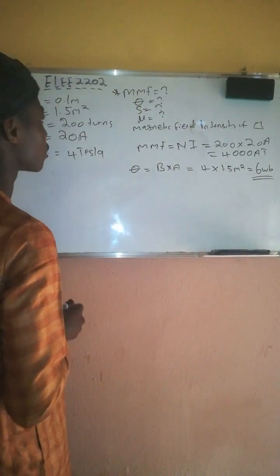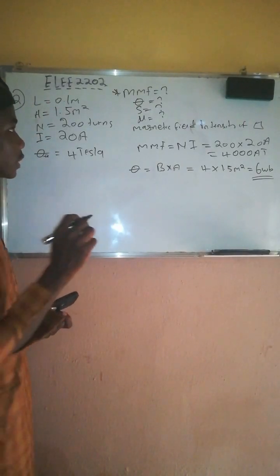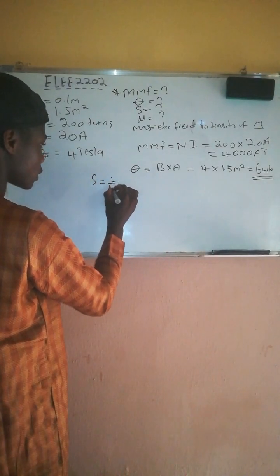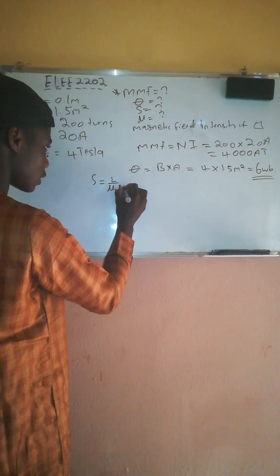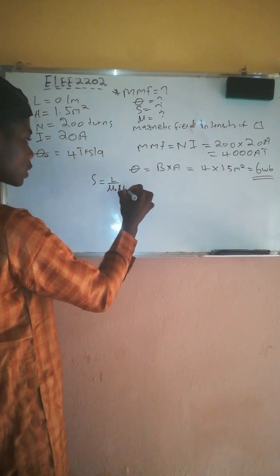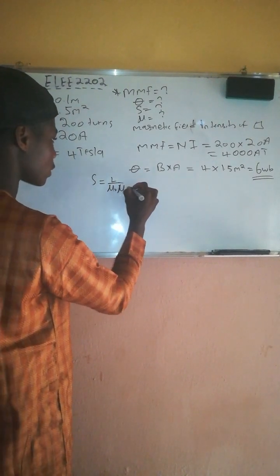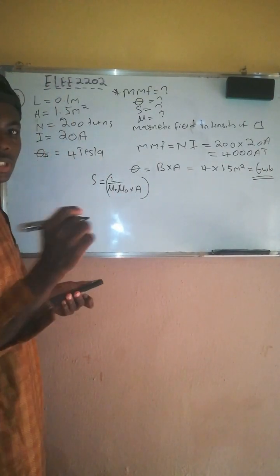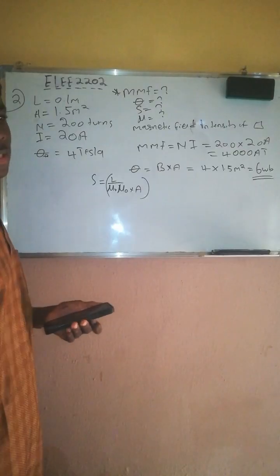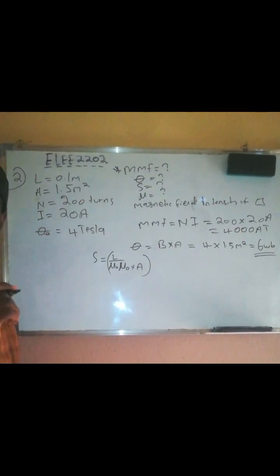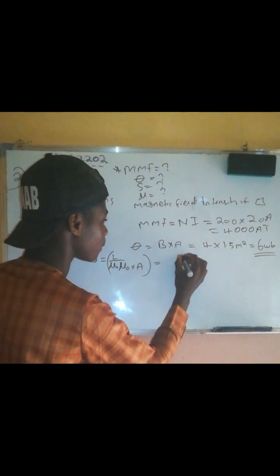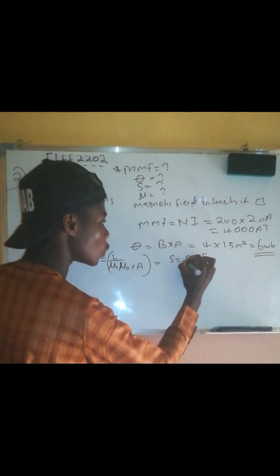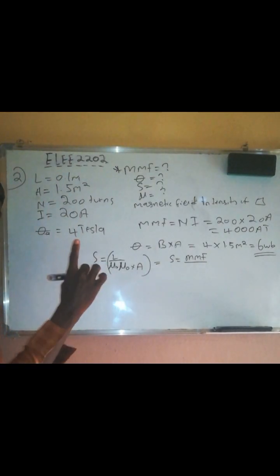The next thing is to calculate the reluctance. The general formula for the reluctance is S equals L over mu R, the relative permeability, and mu naught, multiplied by the area. But we can also use another relation: the reluctance equals the Magnetomotive force over the flux.